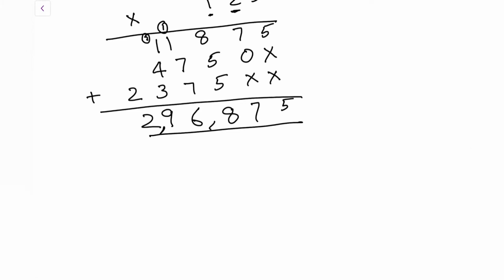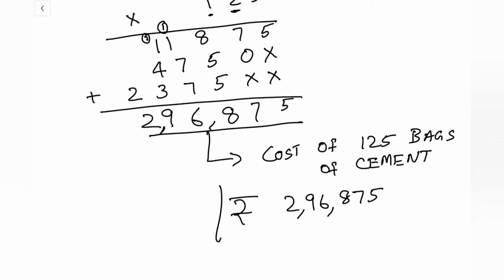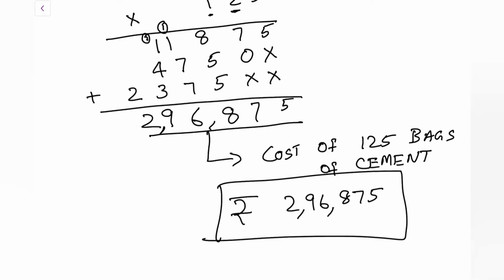Therefore, this is the cost of 125 bags of cement. All right. 2,96,875. And this is how you solve multiplication problems of 3 and 4 digit numbers.